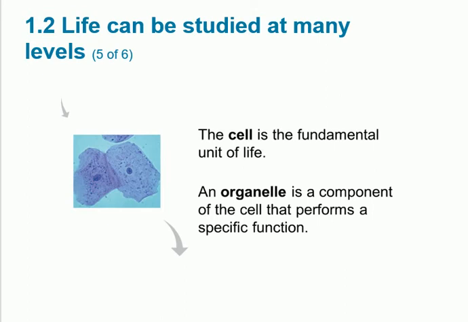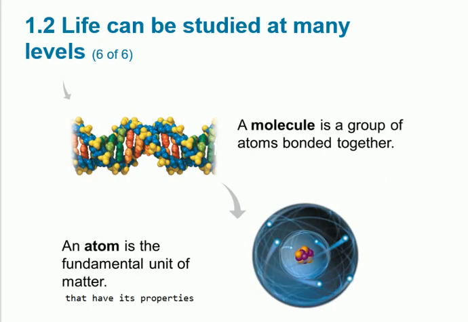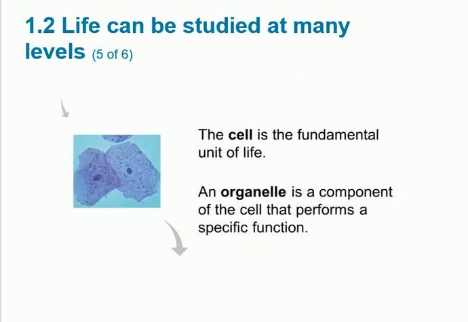These are all organelles. So the cell consists of different organelles, but can you consider the organelles the fundamental unit of life? No, you cannot. So this is the fundamental unit of life. This is the lowest that you can go, but you need to understand what the cells consist of. So it consists of organelles.